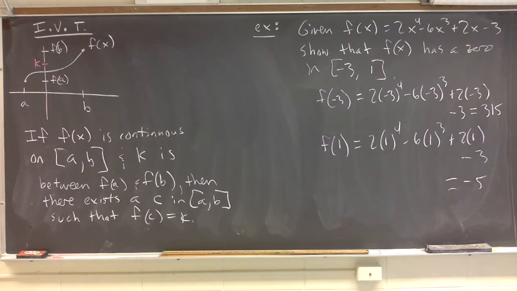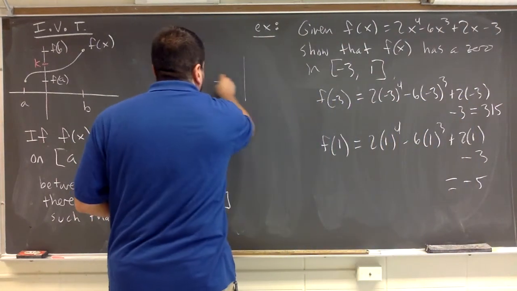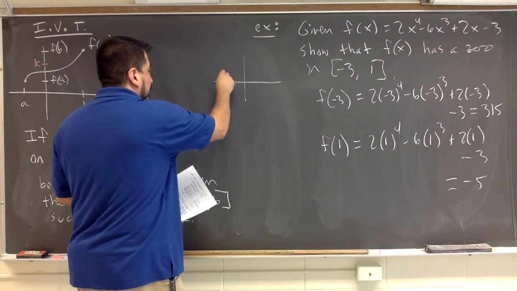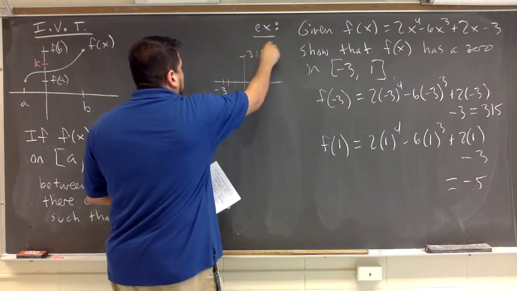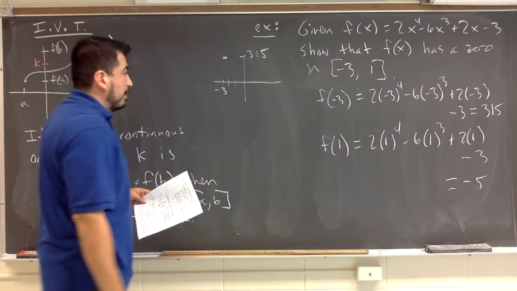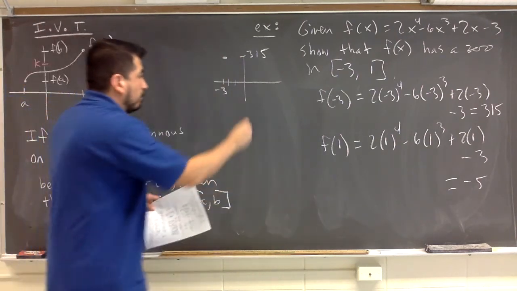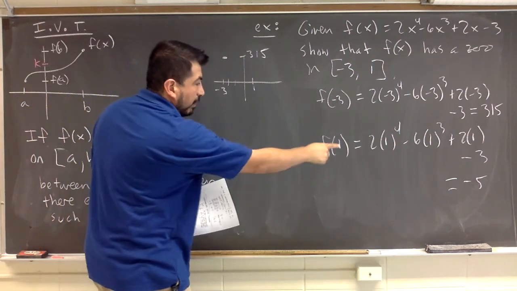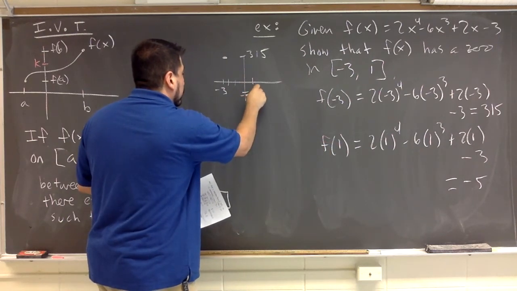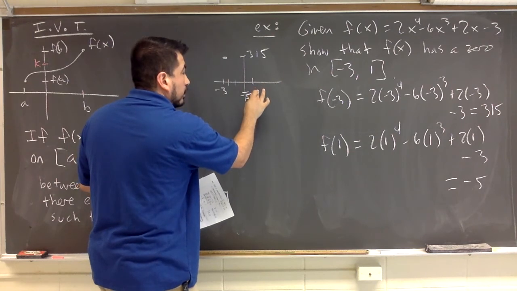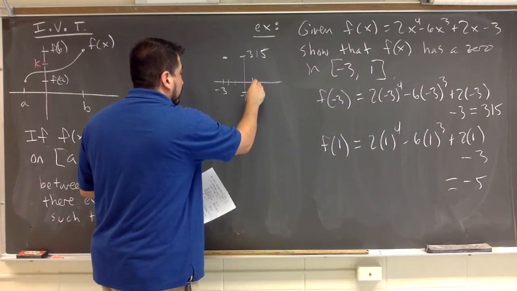So what does that mean? If I think of the picture, at -3 my function has an output all the way up at 315, and at 1 my output is -5.